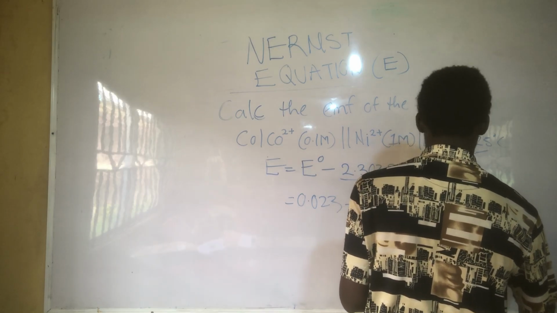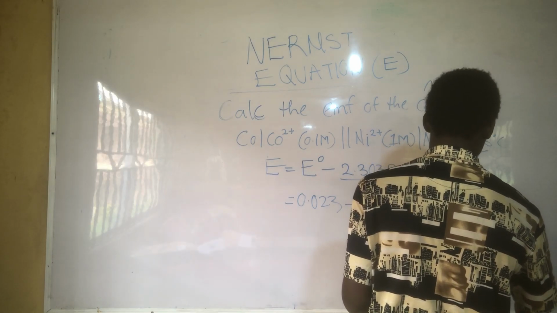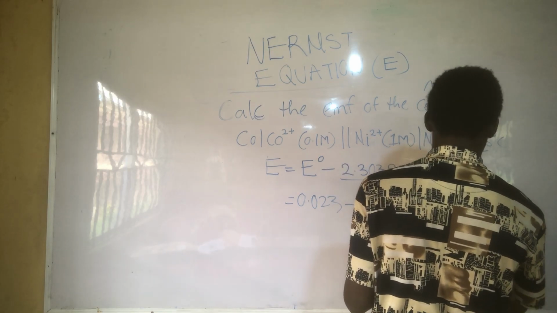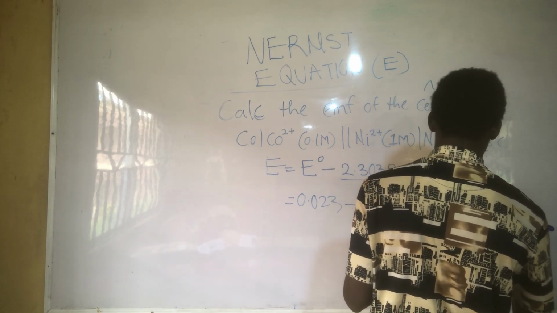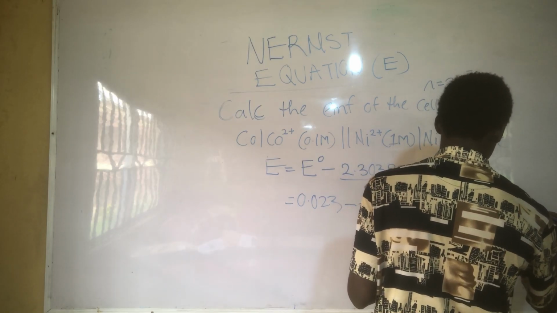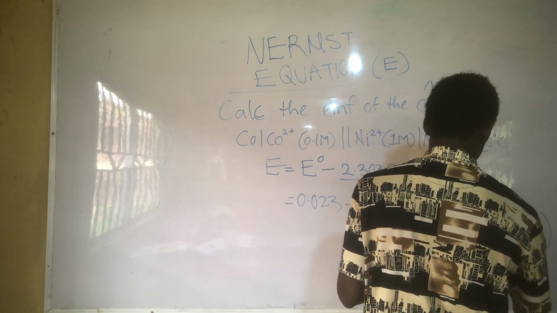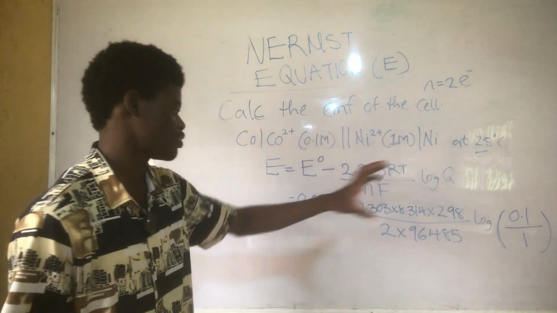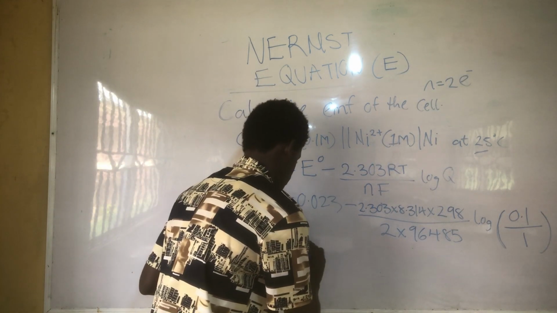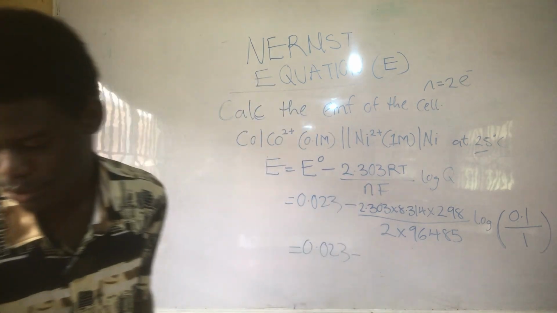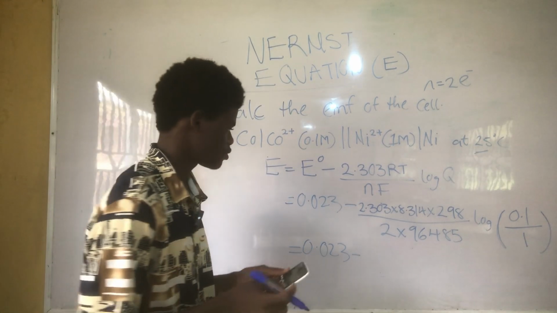So this is 0.1 for cobalt, divided by nickel, which is 1. So we just have to input this, and let's get the EMF, 0.023. Okay.